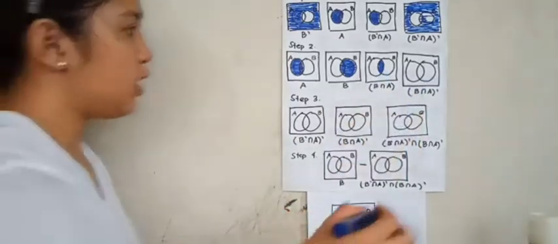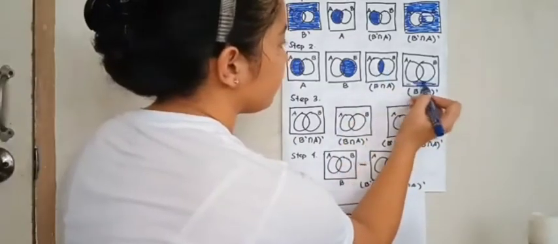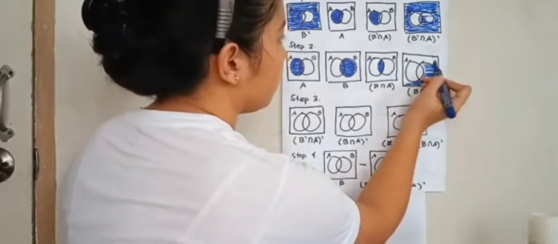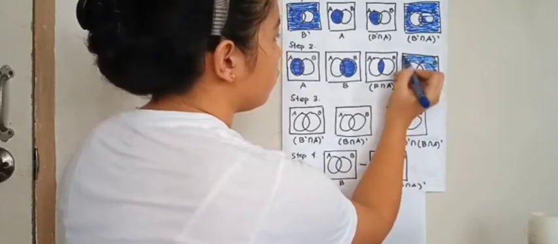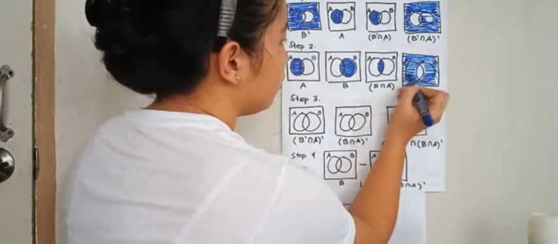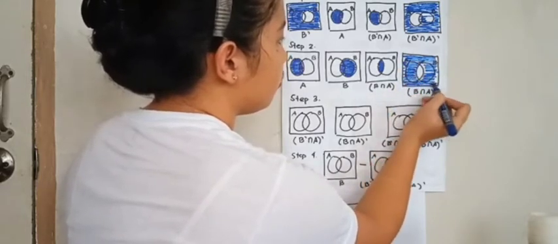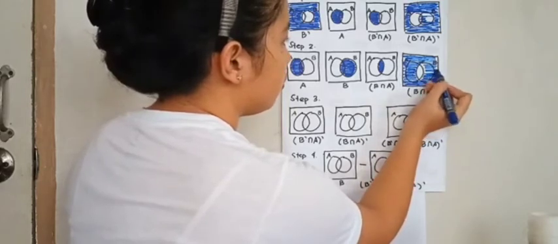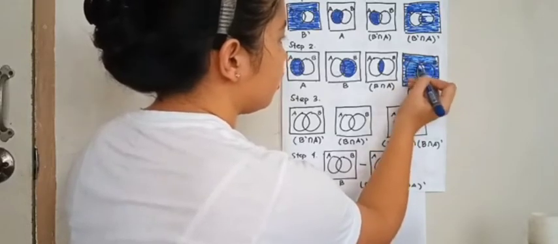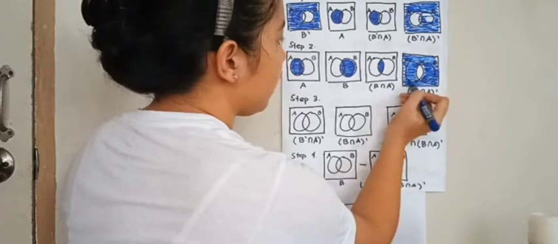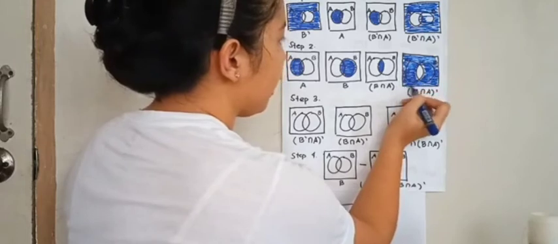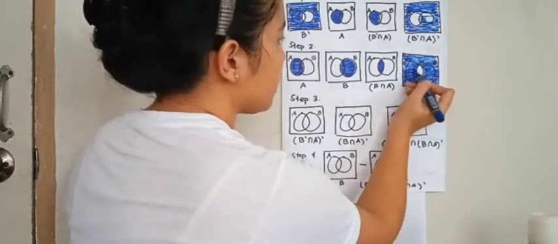So we shade this. Everything outside B intersect with A. It looks like this.